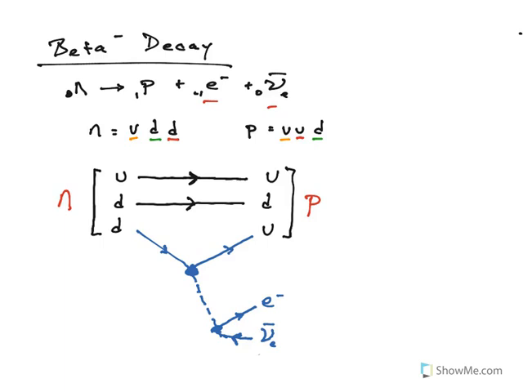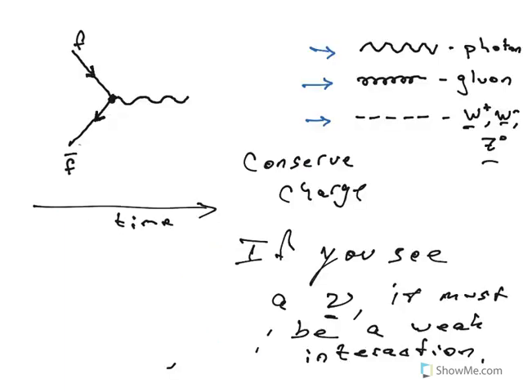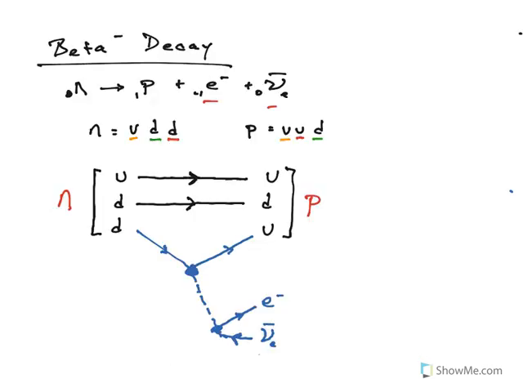The last thing I have to worry about is which one of the 3 weak bosons do I put here? It's going to be either W plus, W minus, or the neutral Z. And the way I figure it out is I look at conservation of charge. I say, okay, what was happening here?